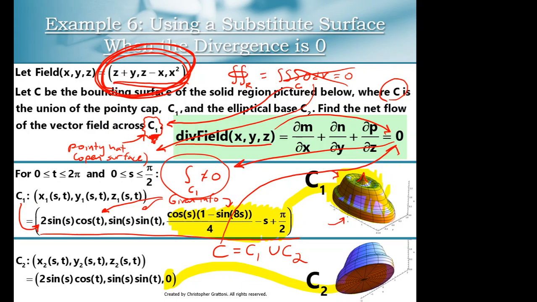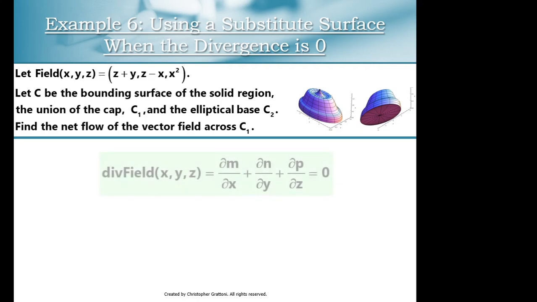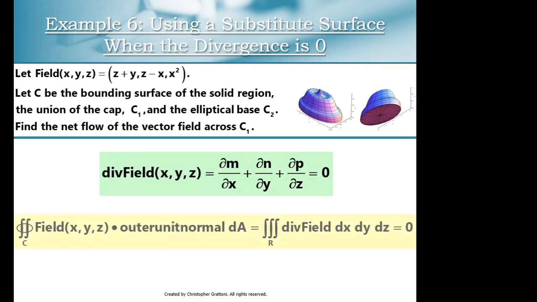This vector field is inducing flow all over the place. What the divergence equaling 0 tells us is the net flow of our vector field across a closed surface is equal to 0. This problem is not about a closed surface, it's about an open surface. So we are not going to get 0 for our overall answer, but we can do this.